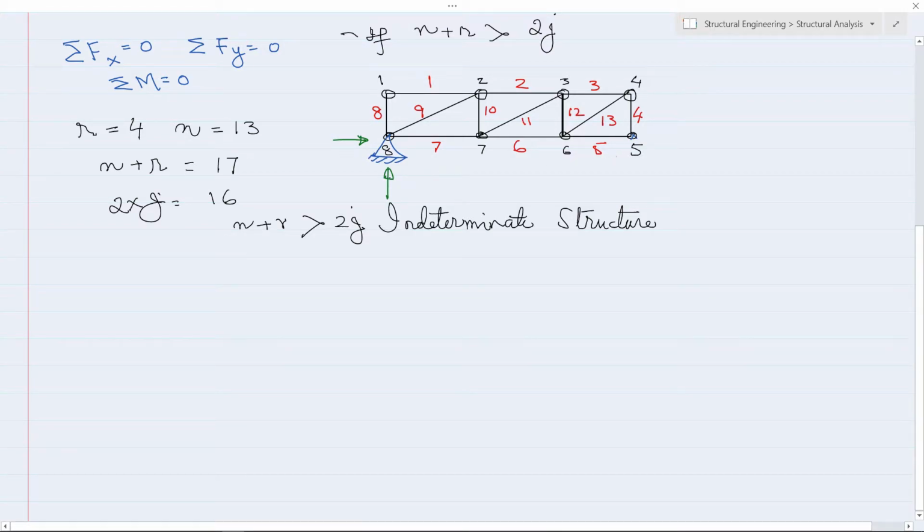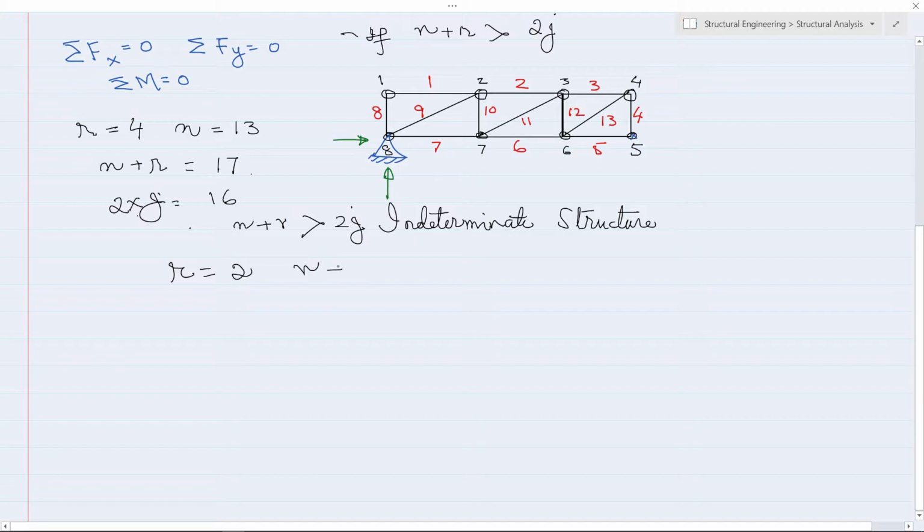Now what is the situation? Now r is equal to 2 only.